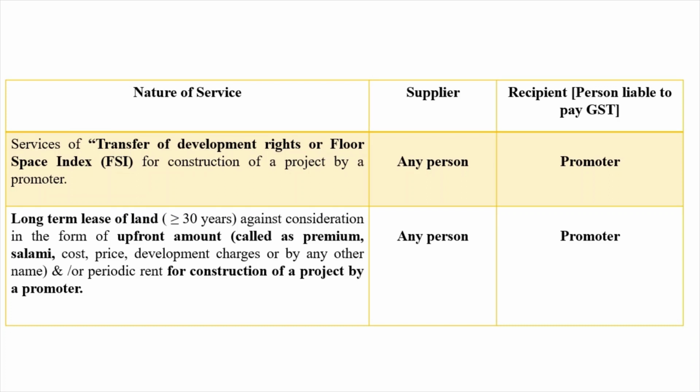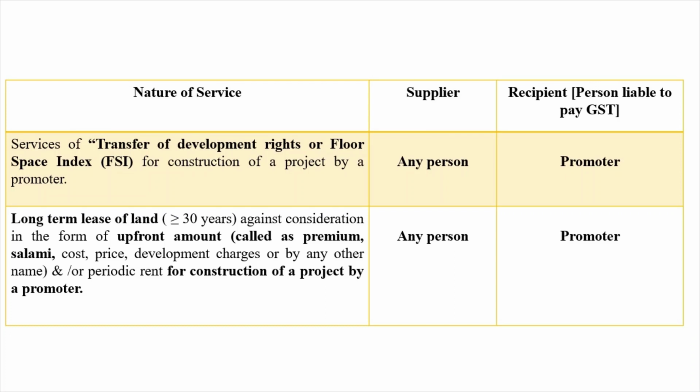Now next one, long-term lease of land greater than or equal to 30 years against consideration in the form of upfront amount called as premium, salami, cost price, development charge or by any other name, and or periodic rent for construction of a project by a promoter. Supplier is any person and a promoter is a recipient. In both the cases you have to remember, here any person is supplying something to a promoter.